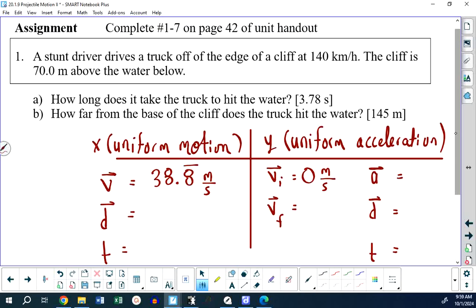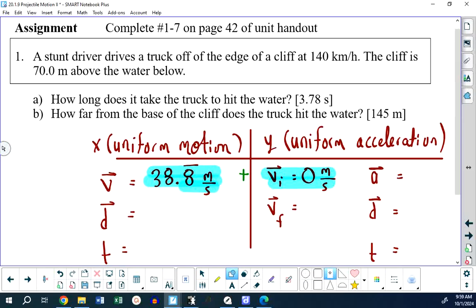What I'm going to say here is something I haven't said before. That this plus that, these two velocities added together, give me this.